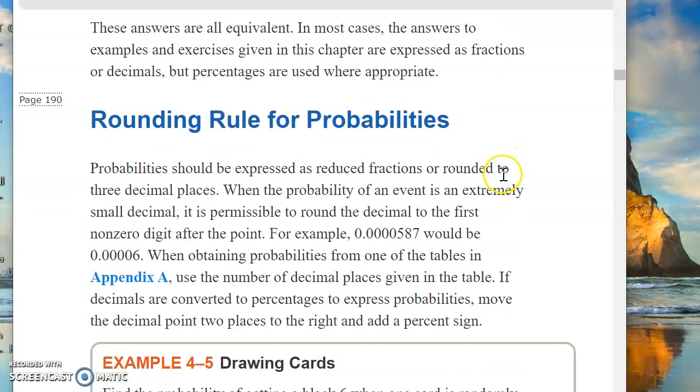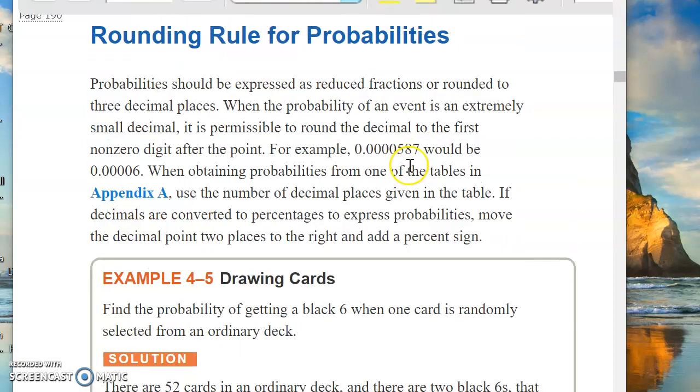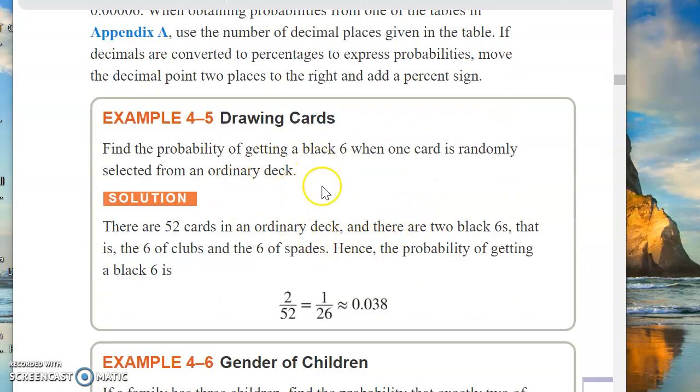Okay. Now, we have these rounding rules. I'm going to let you read that for yourself. These rounding rules drive me crazy, but you just got to know them. Okay, so drawing cards. Find the probability of getting a black 6 when one card is randomly selected. So randomly means that everybody has an equal chance of being drawn. So there's 52 cards. There's 2 black 6s, right? The event then are the 2 outcomes.